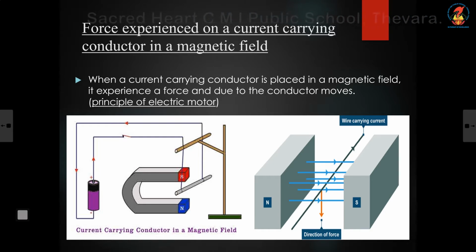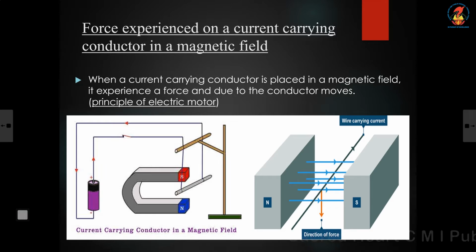You have to hang this aluminum rod with the help of copper wire, and the two ends of this copper wire are connected to a battery. A support is given here to hold this aluminum rod. So, this is the activity.